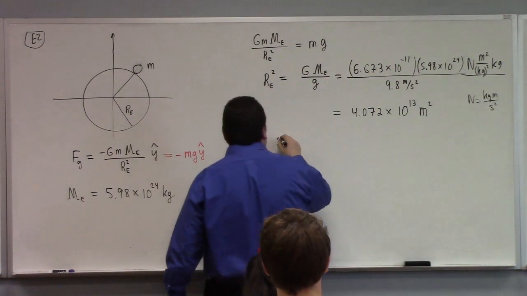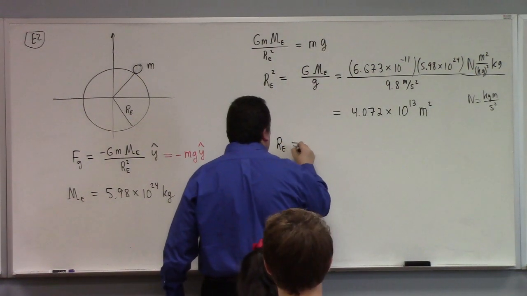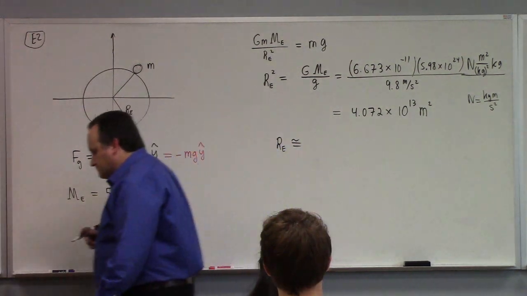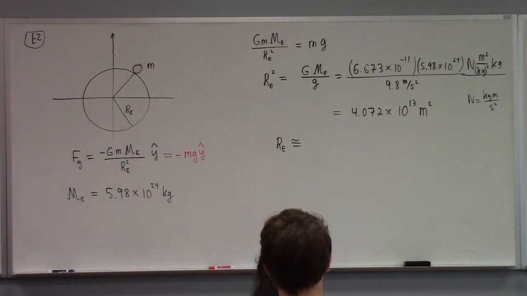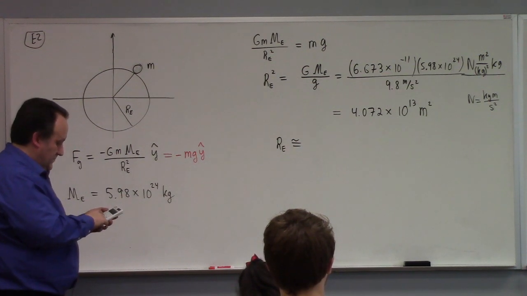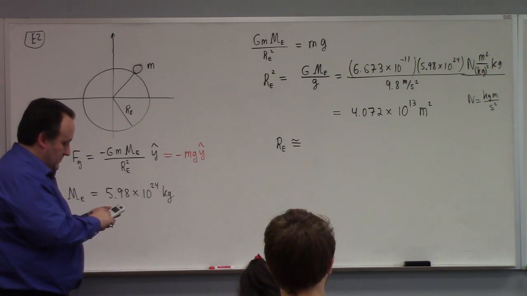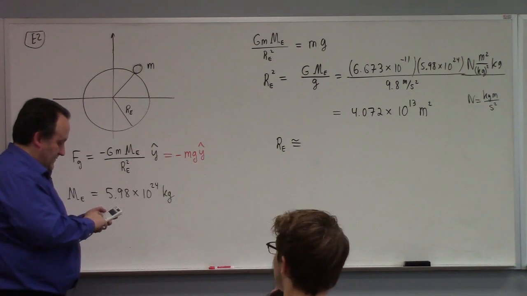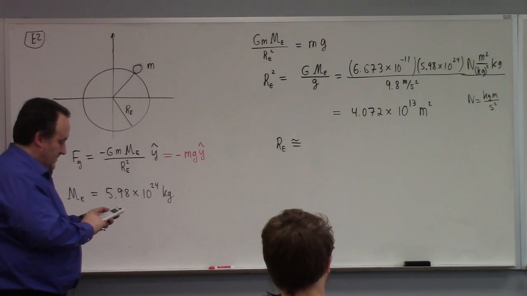Take the square root. What do we get? Radius of the Earth is approximately what? Let's see here, times 10 to the 13. All right, square root that thing.